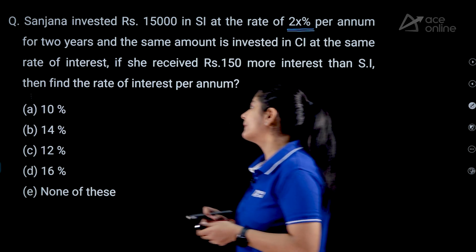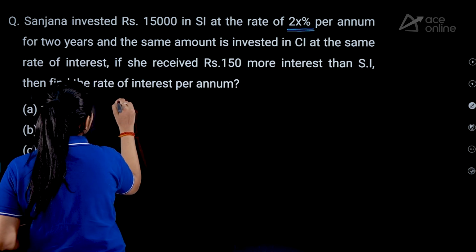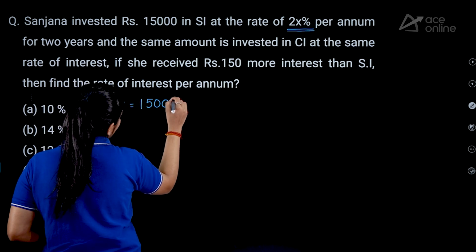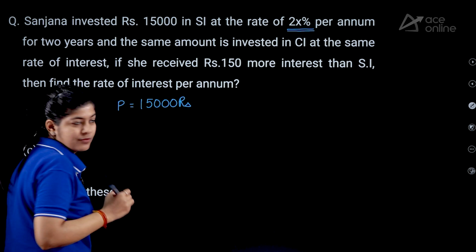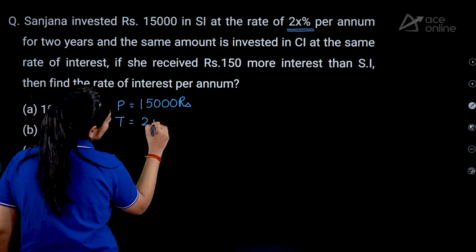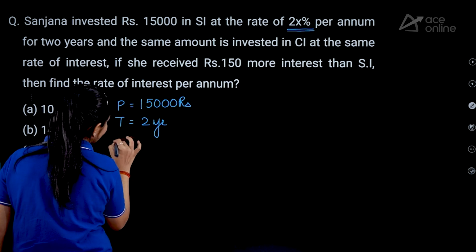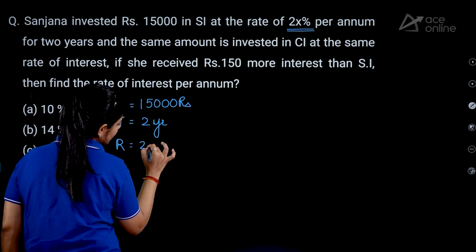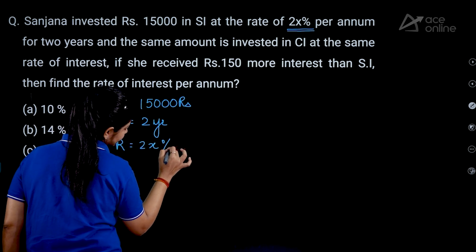We know that the principal amount that we are having is 15,000 rupees. The time period is 2 years, and the rate of interest given in this question is 2x%.